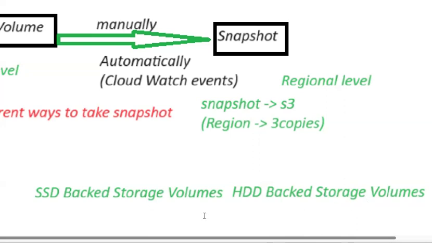That means SSD volumes are suitable for small block level work, whereas HDD volumes are suitable for workloads which require high throughput. What is throughput? Throughput is nothing but the response, the rate of data.